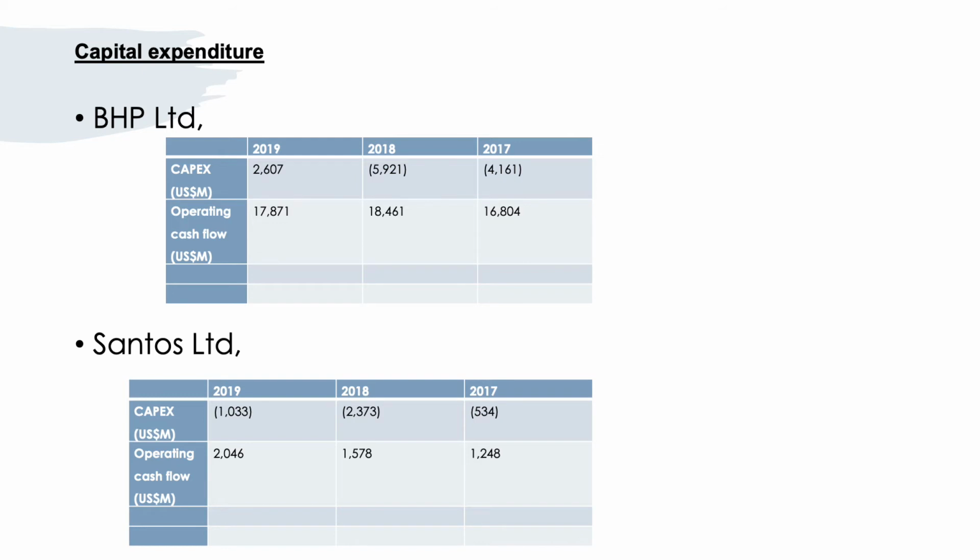Looking at capital expenditure, BHP Limited generating positive net operating cash flow for all 3 years is able to cover its capital expenditure.